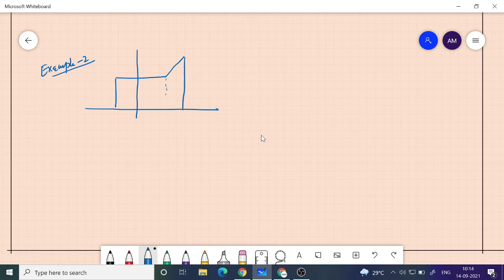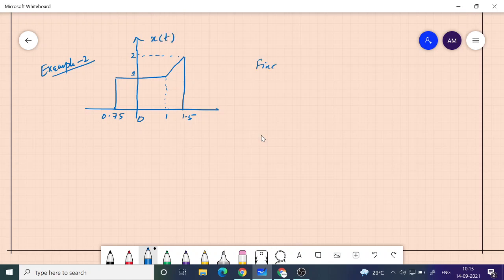Okay, just for an example I am taking this, and this is 1, and here it is 2, and this is 0, and this is 1, and this is 1.5, and maybe 0.75. Okay, so this is the signal that is given. This is given as x of t.